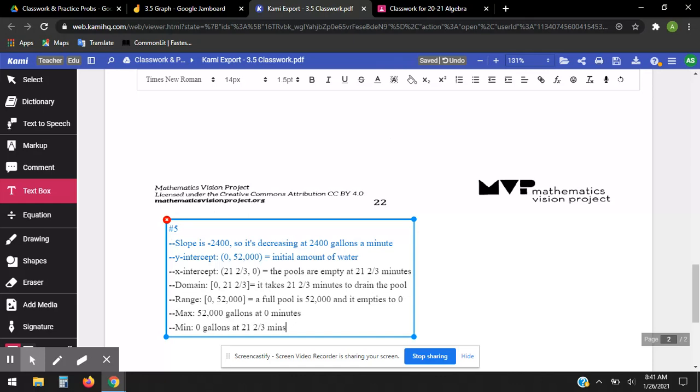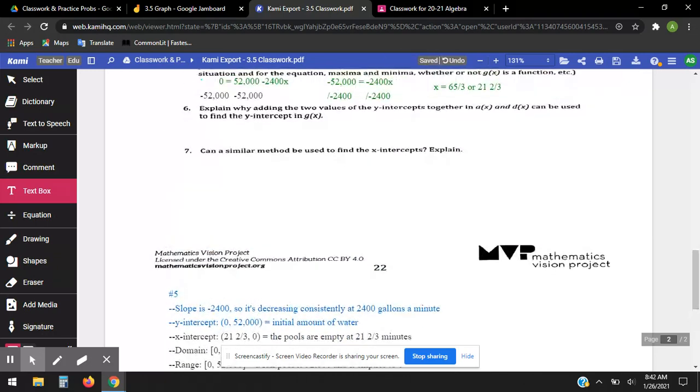Domain, range, we don't really have, it's always decreasing, which we kind of set up here with our slope. So yeah, there we go. I'm going to throw in here consistently. Consistently, that's a better word. There we go. All right, so that's all the information for number 5.